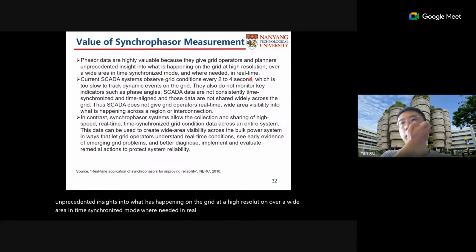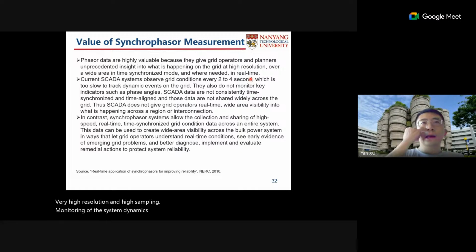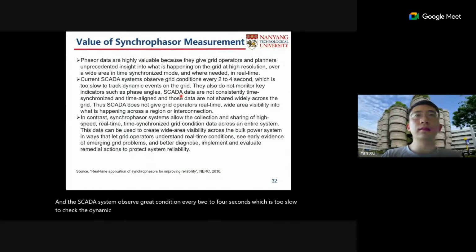It supports very high-resolution monitoring of the system dynamics. The SCADA system observes grid condition every 2 to 4 seconds, which is too slow to track the dynamic events that happen on the grid.